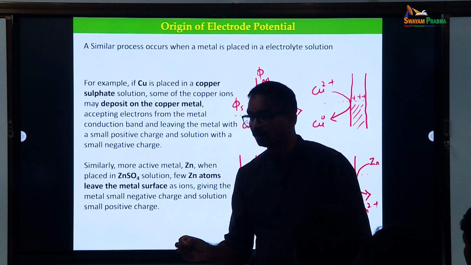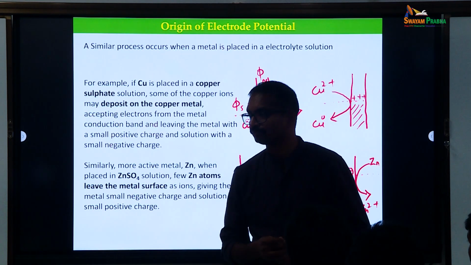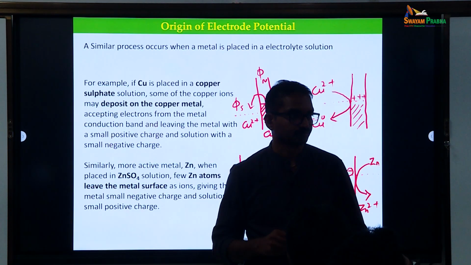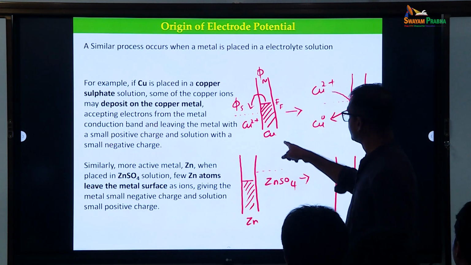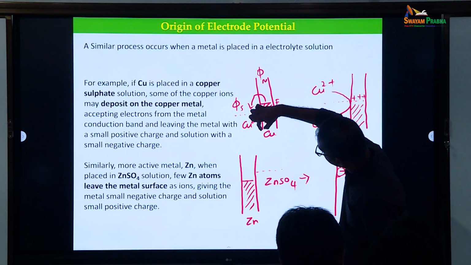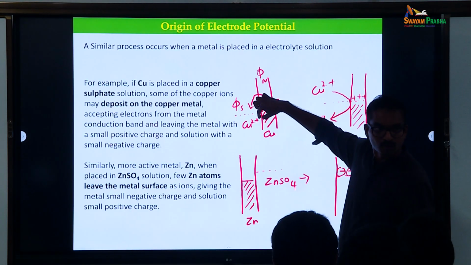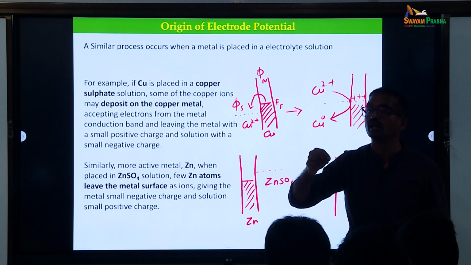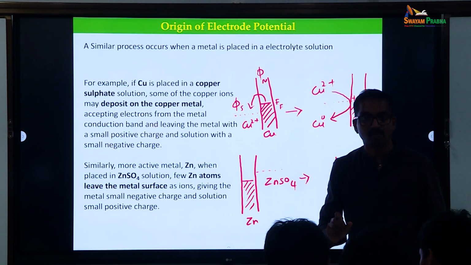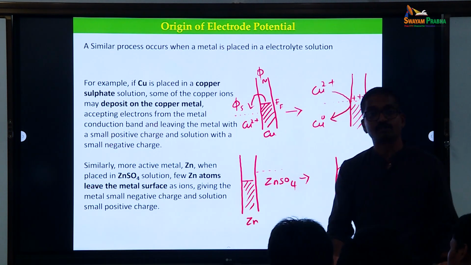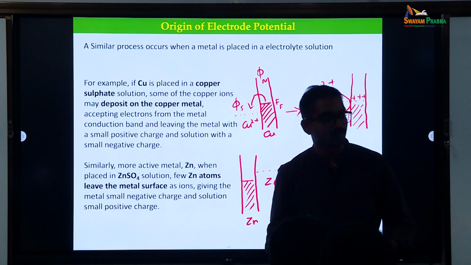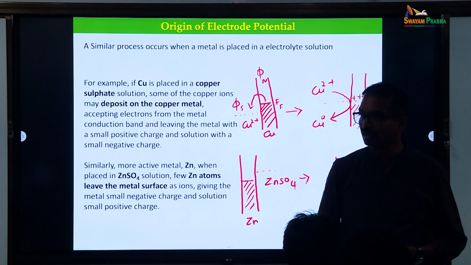Why? Because electroneutrality is not valid there because of this reaction at the interface.